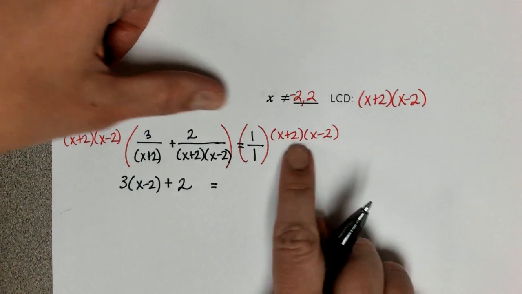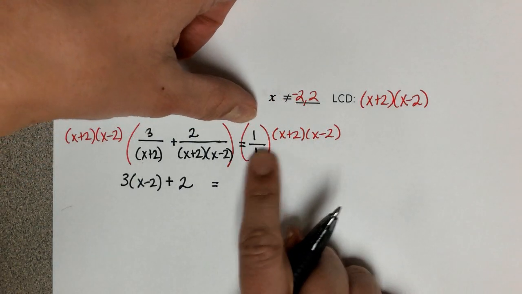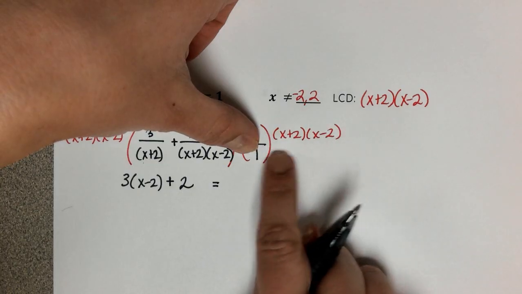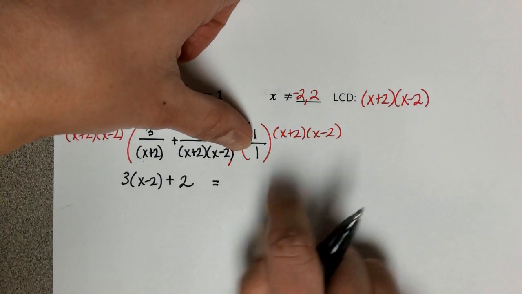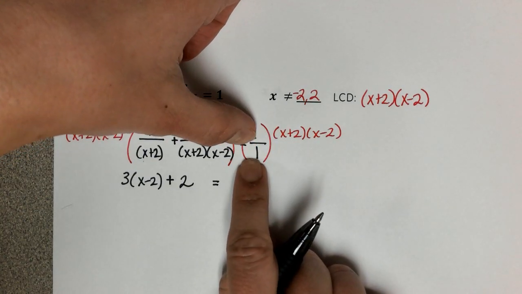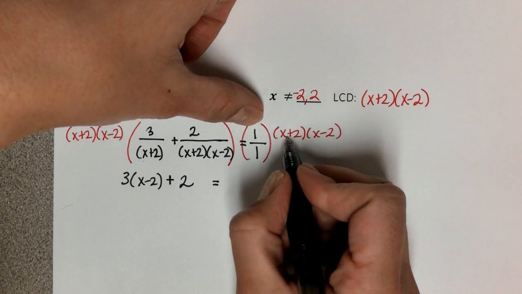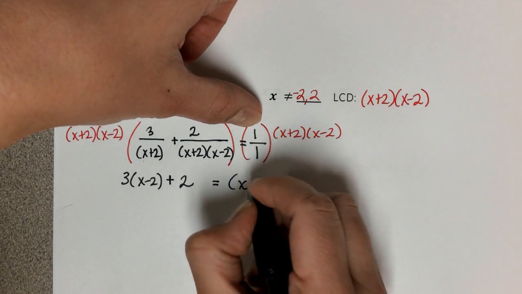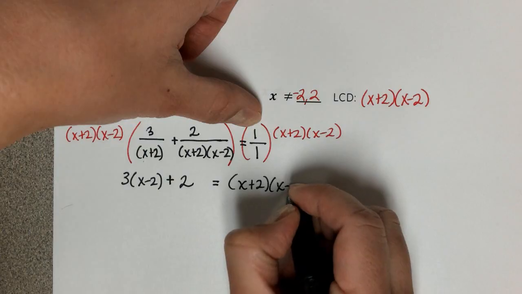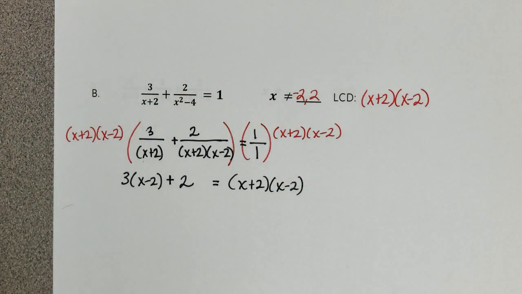equals, when I multiply the LCD by this fraction, nothing in the denominators cancel. We don't have an x plus 2 or an x minus 2 down here. So it's just 1 times this. So it's x plus 2 times x minus 2. Okay, now we have to solve.